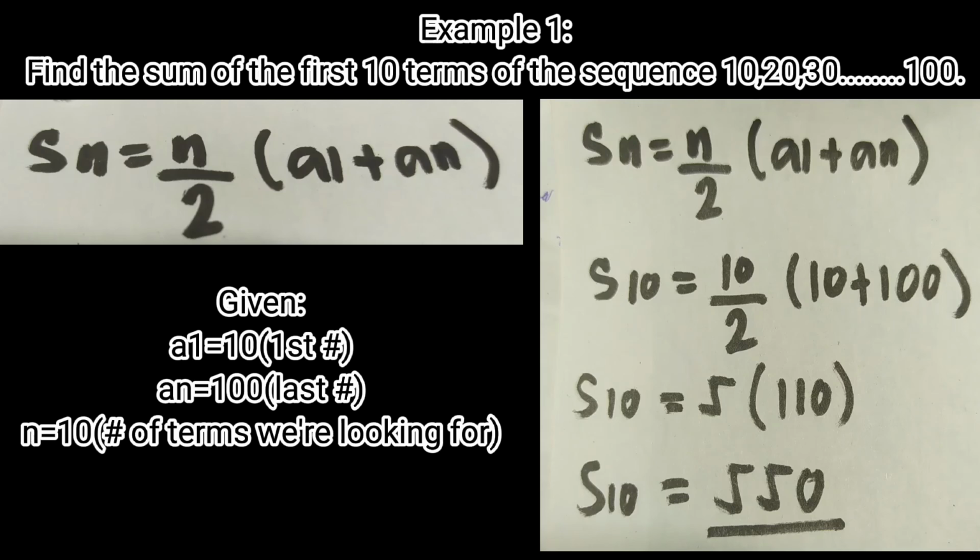Then S10 is equal to 10 divided by 2 is 5 times 10 plus 100 is 110. So we have our answer. S10 is equal to 550. Therefore, the sum of the 10 terms from 10 to 100 is 550.